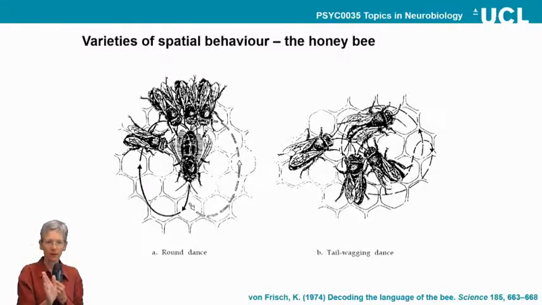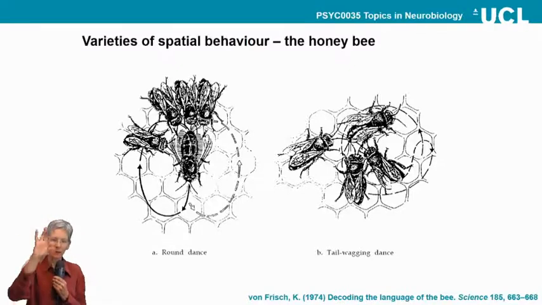So that angle is basically telling the other bees, when you come out of the hive, look for the sun, and then this is the angle you have to make. And interestingly, if you make the bees wait for a while before they do their dance, they will change their angle to accommodate the motion of the sun. It's a really remarkable set of integrated little clocks and so on.